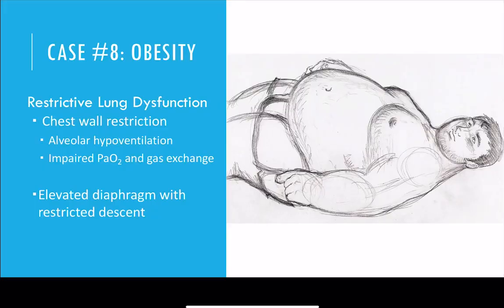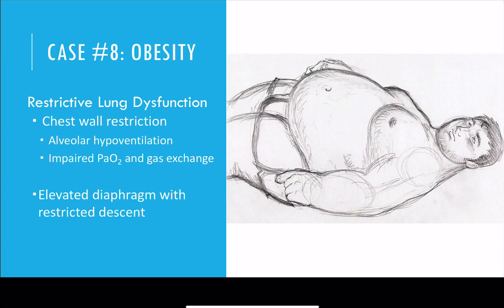So let's look at restrictive lung dysfunction caused simply by obesity. When you looked at this patient's chart, there was no disease that had affected the lung tissue, but he had a very high BMI and a high body weight. And when this patient was put into the supine position in the operating room, and the full weight of his fat mass was laying against his chest, they could not keep his blood gases stabilized during surgery.